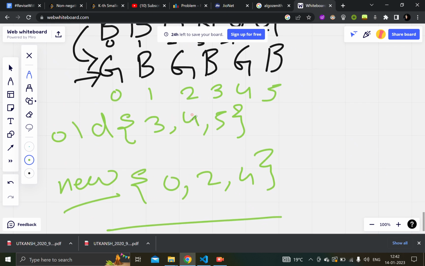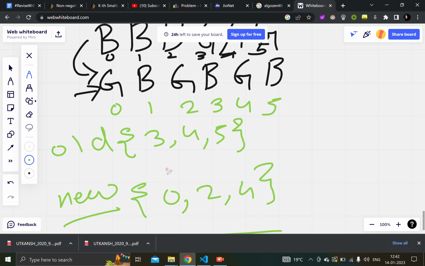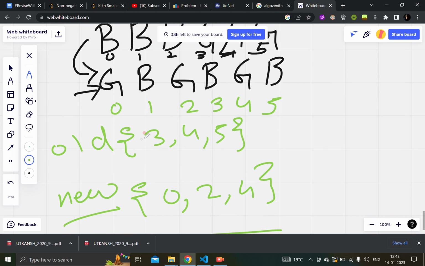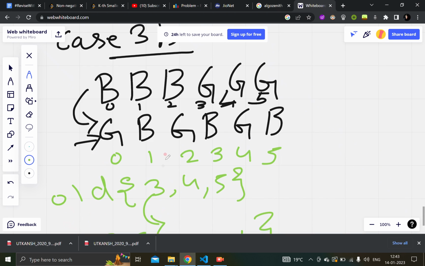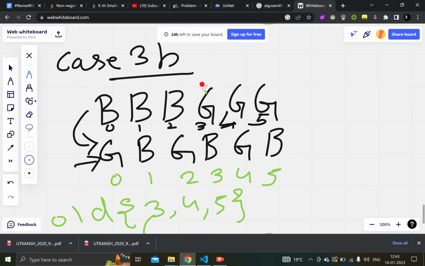And why are we taking the difference? Because to bring a girl from location 3 to location 0, the number of operations we require is 3. One swap, the g and b swap, then the g will be here, and in another swap the g will be here, and in another swap the g will be here, right?